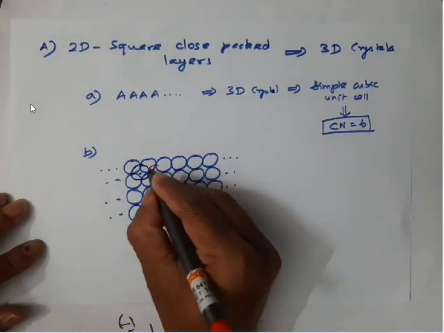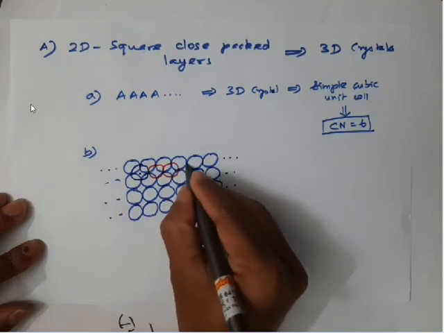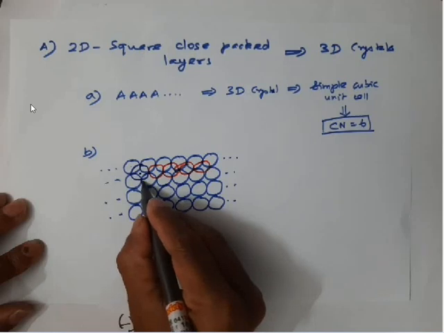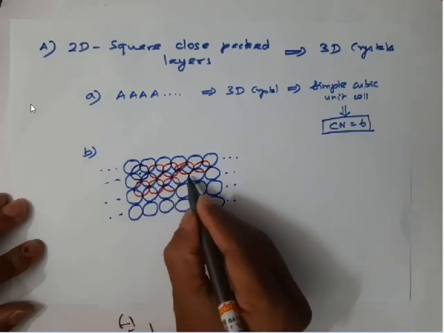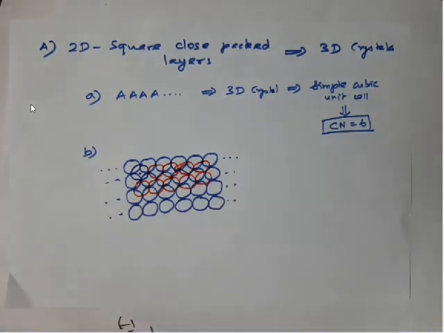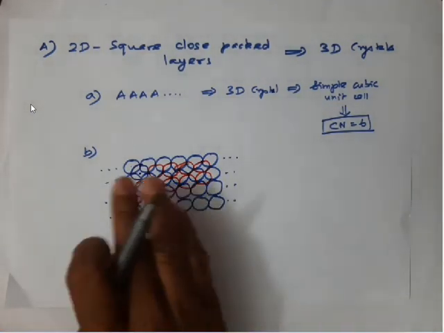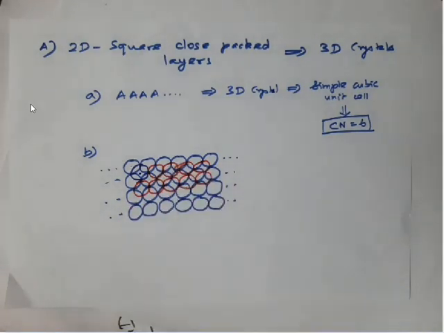So I'll place another atom here. I'll place another atom here. I am placing the atoms on the depressions of the first layer. If you place it like that, the second layer is also a 2D layer, a two-dimensional square close packed layer. But now the second layer atom, or the top layer atom, does not coincide with the first layer atom.